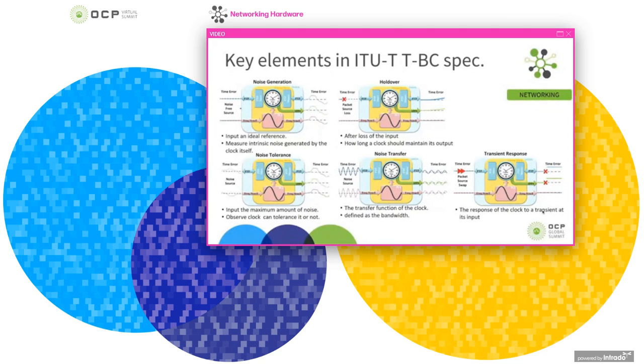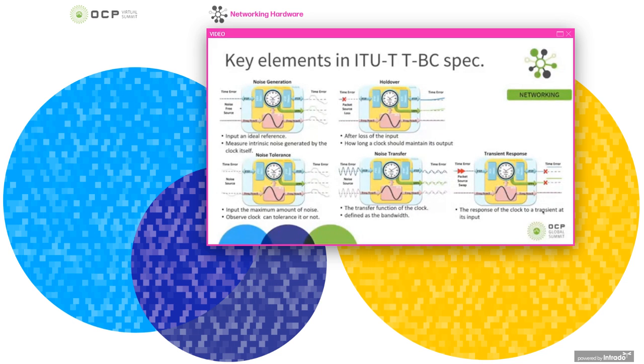In the ITU-T boundary clock spec, it provides 5 major test items in order to characterize the relationship between the DUT and the whole system. The first one is noise generation. It means the overall system will provide a noise-free source to the DUT, to observe how much noise the DUT will generate into that system.